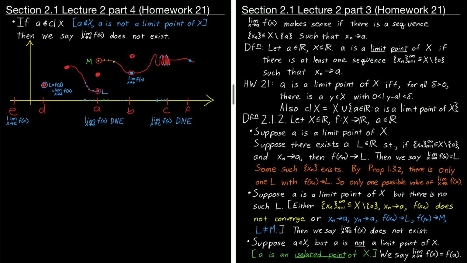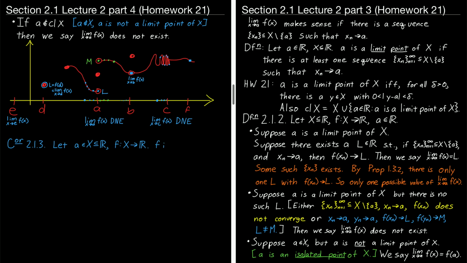And let's state that formally. This is corollary 2.1.3. Let A be a point in some domain X in the real numbers, and let f be a function from X to the real numbers.